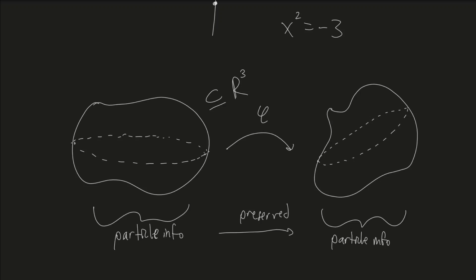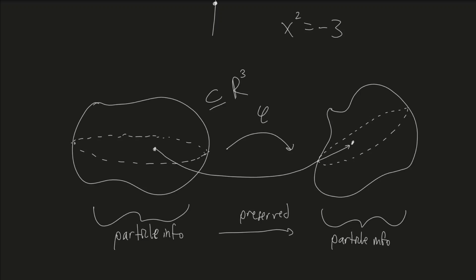We can think about that as being able to say, if I know the particle here in this original body before the transformation, then I know where it will go to.